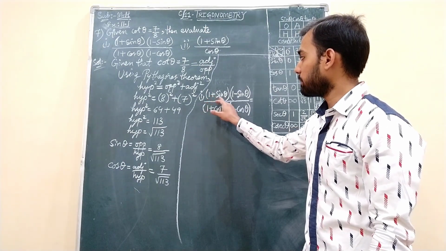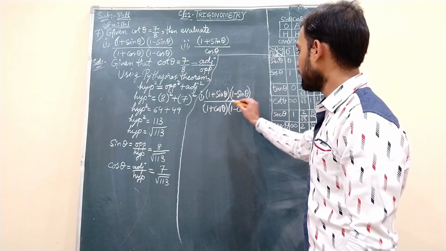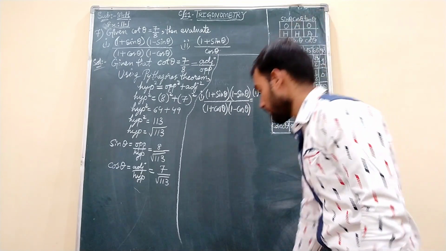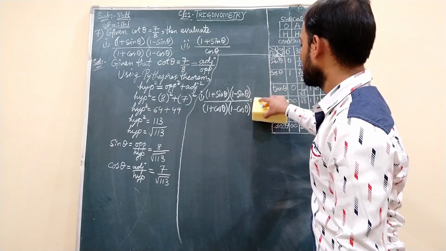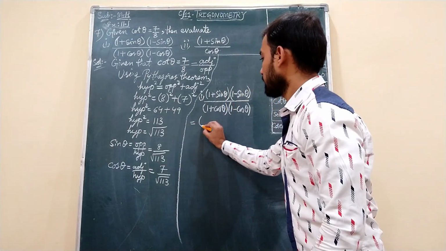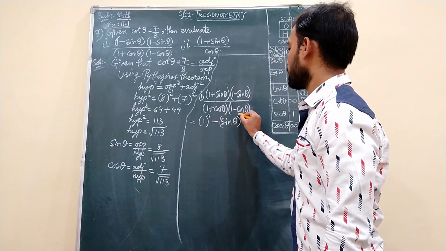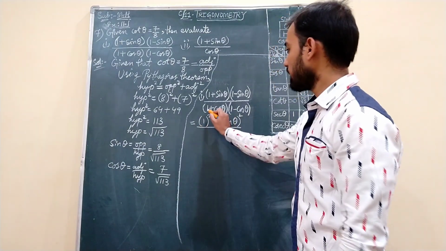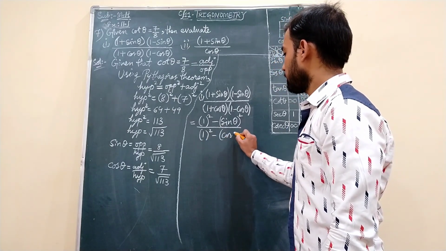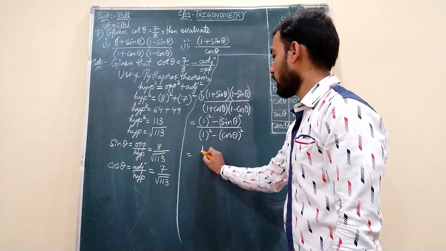It is like (a plus b)(a minus b), and the formula is a square minus b square. Here also, (a plus b)(a minus b) becomes a square minus b square.